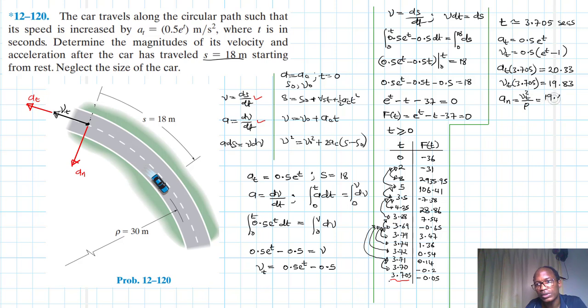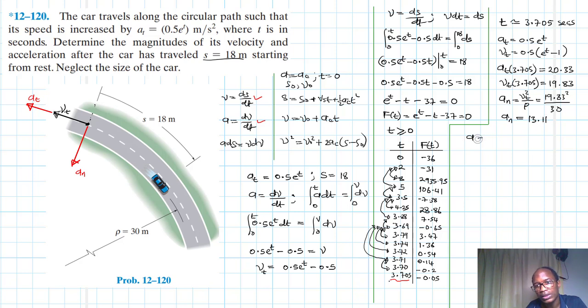So we have a_n, which is equal to v squared divided by rho, and this is equal to 19.83 squared divided by rho, which is 30. Therefore a_n is 19.83 squared divided by 30. This gives us 13.11.